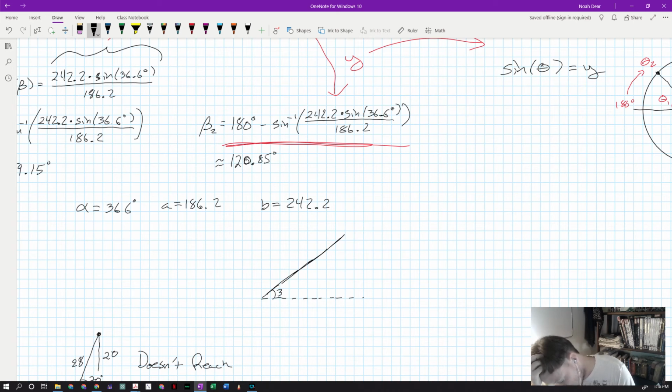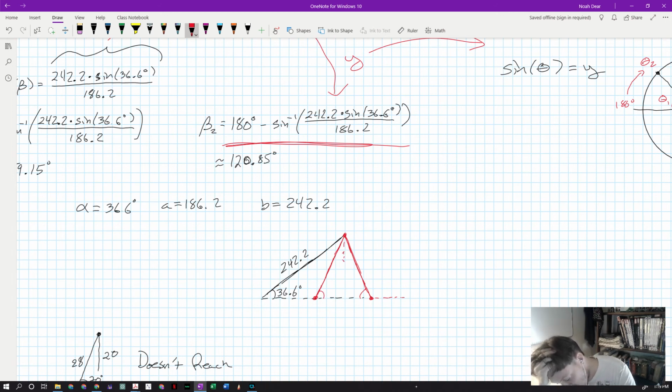So here's 36.6 degrees. I know that this is 242.2 next to it, and then put a hinge at the top, and if I'm drawing 186.2, if I took a compass at that length and swept it out and saw where it hit this baseline at these 2 points right here, let's compare this angle, this angle. Those have to be the same.